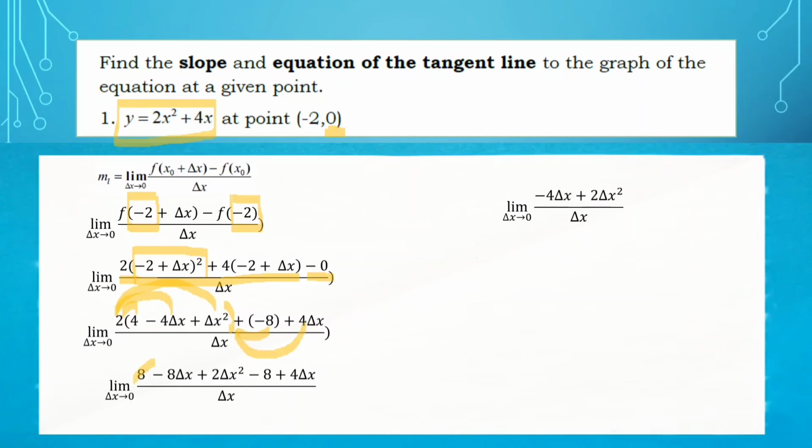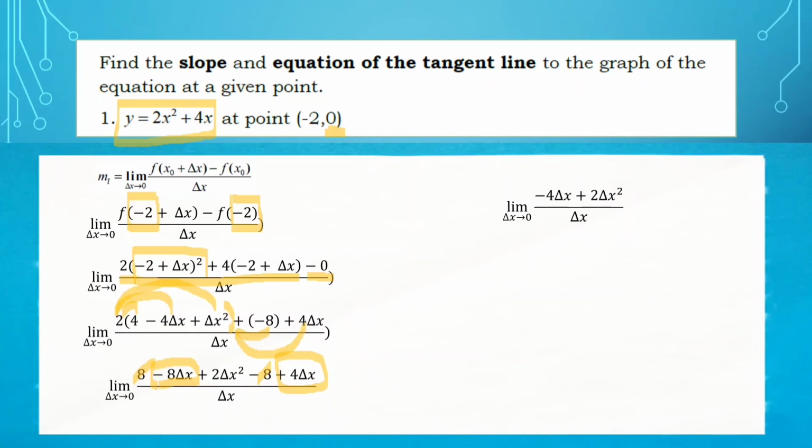Okay, so next, combine similar terms. 8 minus 8 is 0. And then evaluate negative 8 change of x and 4 change of x. So that will become negative 4 change of x plus 2 change of x squared all over change of x.